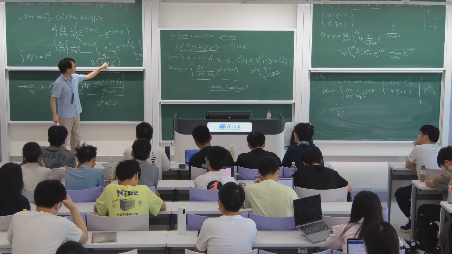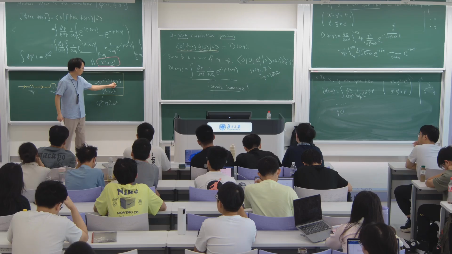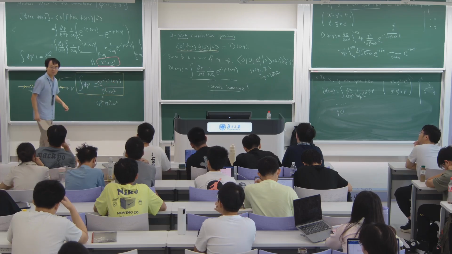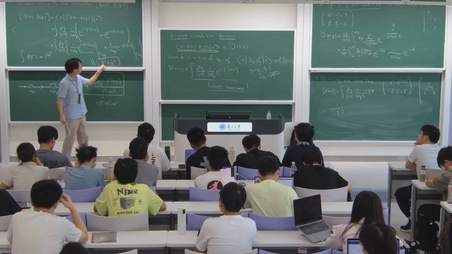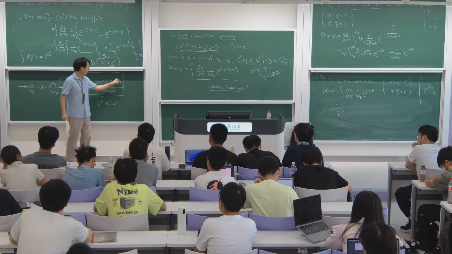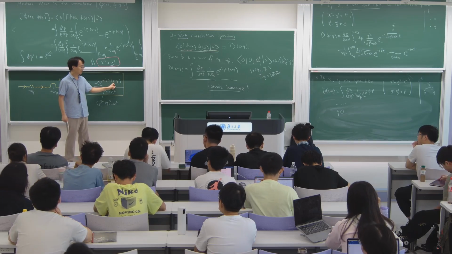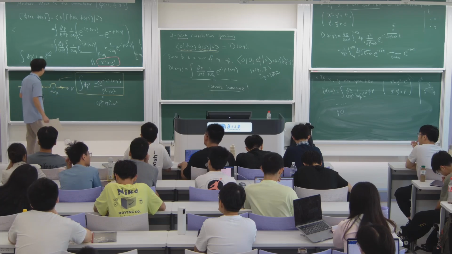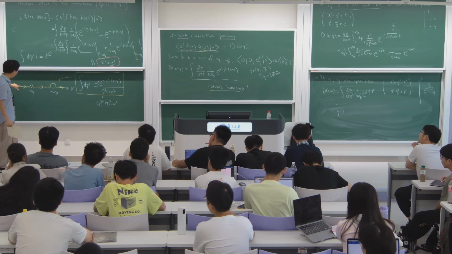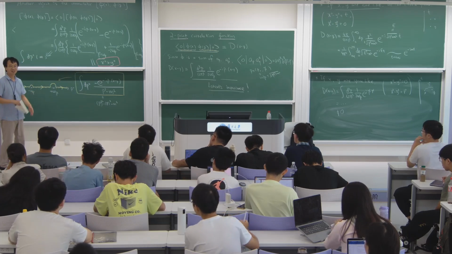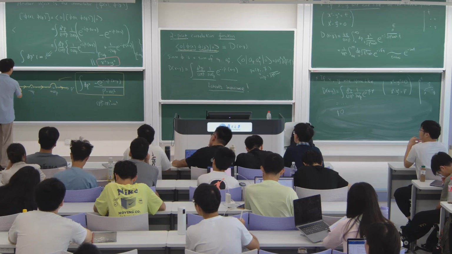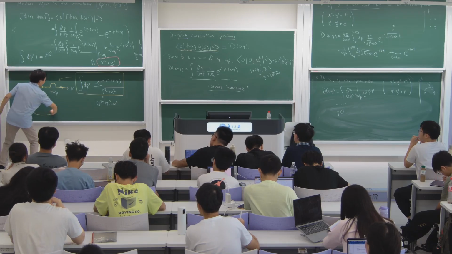When x0 is greater than y0, it means the zero component of this x minus y is positive, okay? See? So this is positive. This means you can close the contour from below, okay? Is that right? You can close the contour from below.